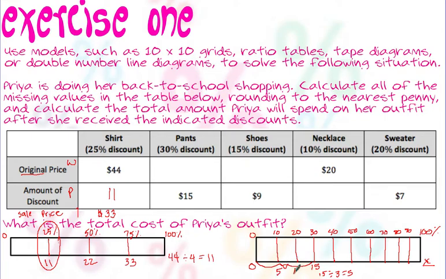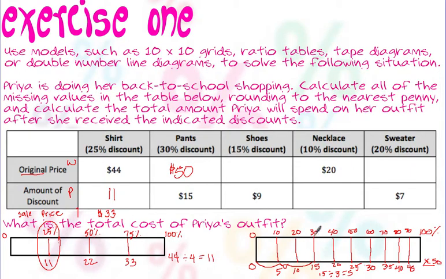So I have 5, 10, 15, 20, 25, 30, 35, 40, 45, 50.